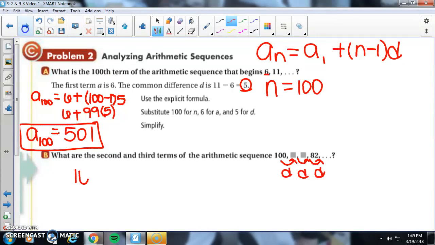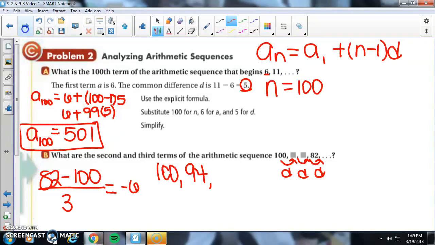So I would do 82 minus 100 divided by 3. 82 minus 100 is negative 18, divided by 3 is negative 6, making our common difference negative 6. So 100 minus 6 would be 94.